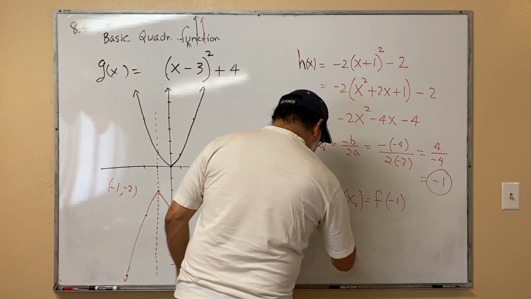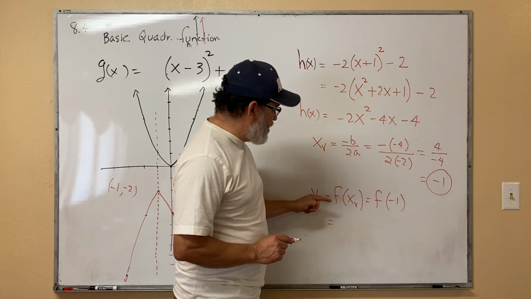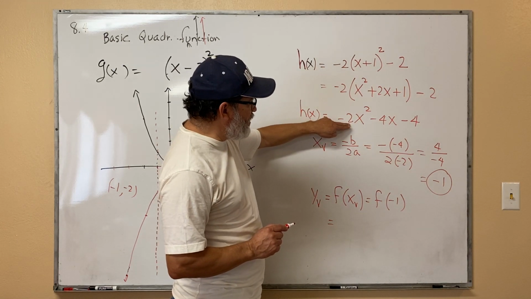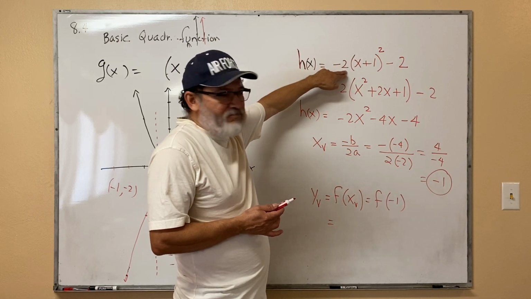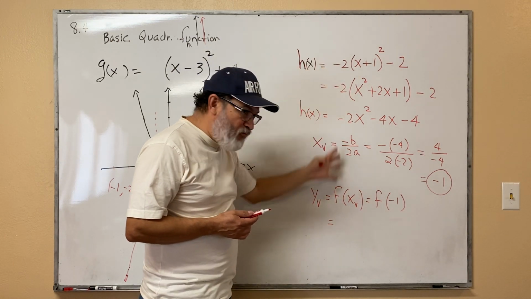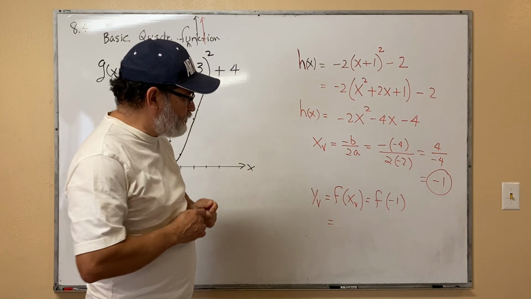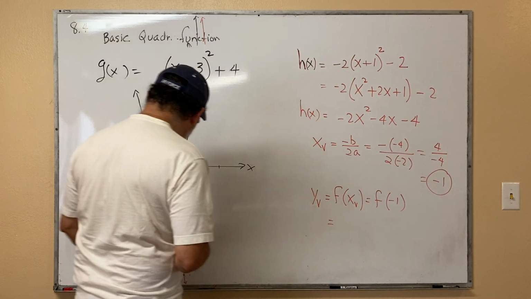Okay. And what is this? We'll take that -1. Remember, I am referring to this one. If we have it in this form, it's easy to get the vertex. But not if you have it in this form. You have to go through these formulas. Okay, so let's get the y-coordinate of the vertex. We better get -2.